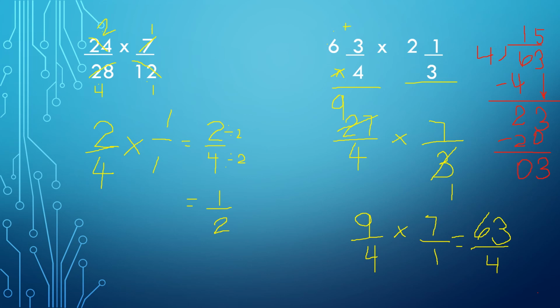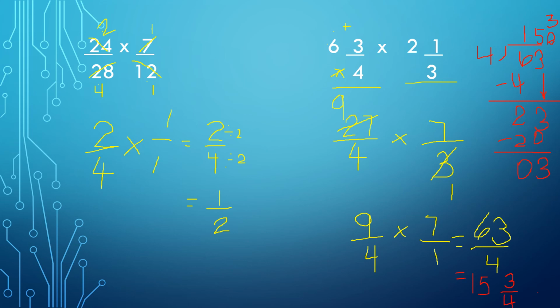So we know that we have a remainder of 3. Now we set this up by writing 15 as our whole number. The remainder 3 is the numerator, and our denominator is still 4.